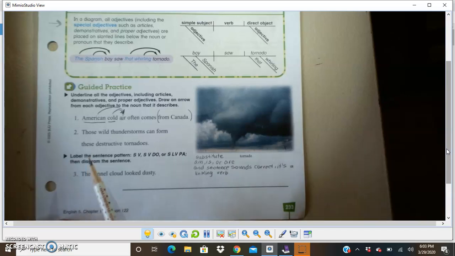Okay, so let's look at number 2. Those wild thunderstorms can form these destructive tornadoes. Well, what is your simple subject? Thunderstorms. You don't have to mark that as subject, but I'm doing that just so I can remind myself. So what describes thunderstorms? Those. Those is one of the special adjectives called demonstratives.